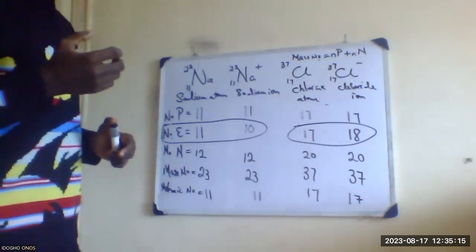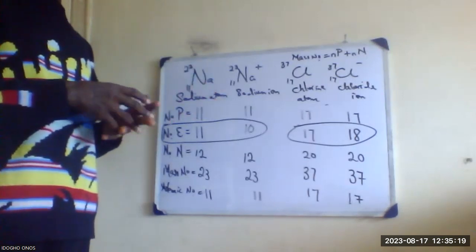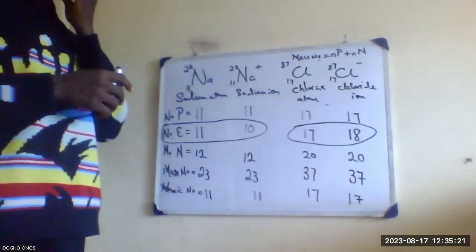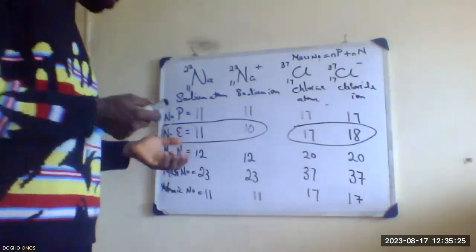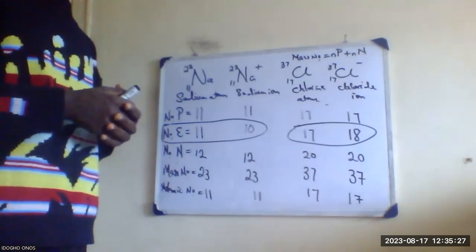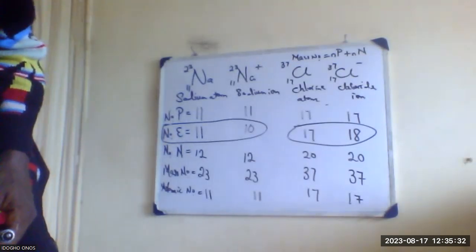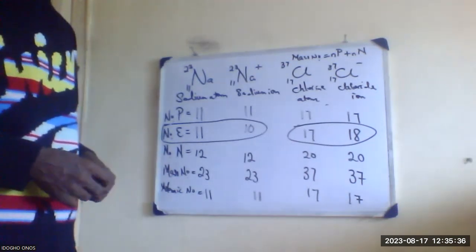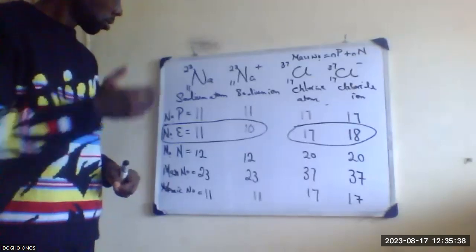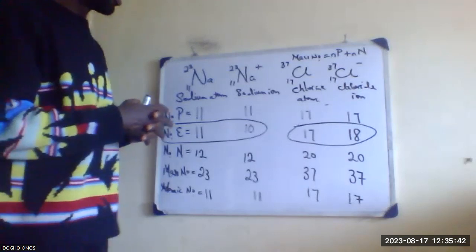Now, also notice, remember we started where we have cations and anions, right? Cations are positively charged, anions are negatively charged. Are you with me? Yes. Okay.